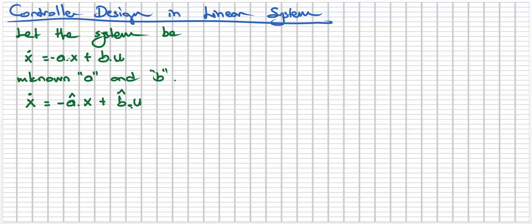We don't know the value of a and b. X can be measured and u can be calculated by the controller design, but in our controller design we should use the a hat and b hat values, because we can obtain these values from the estimator model.